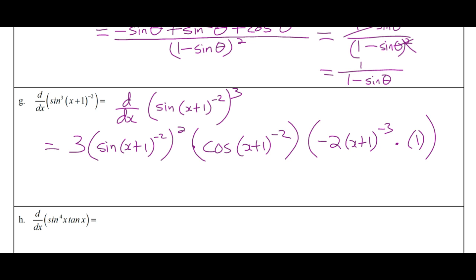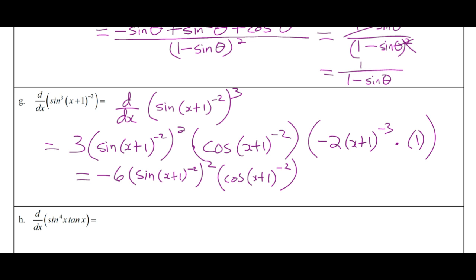Okay, phew. Let's put that all together. What do we got? I got a 3 times negative 2, so negative 6. I've got the sine of x plus 1 to the negative 2, squared. I've got the cos of x plus 1 to the negative 2.